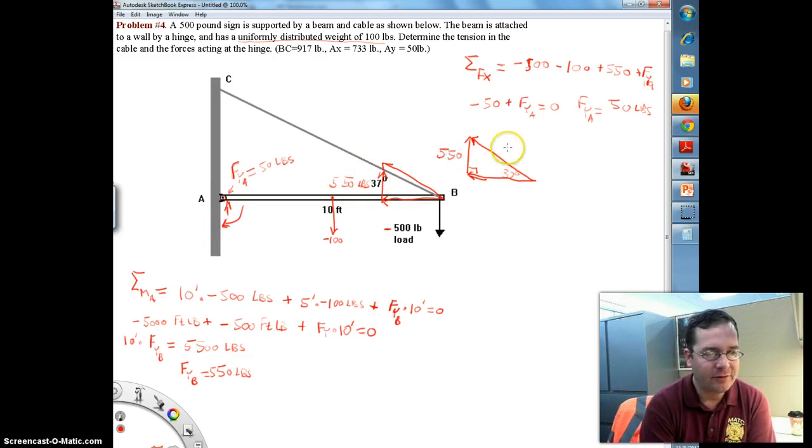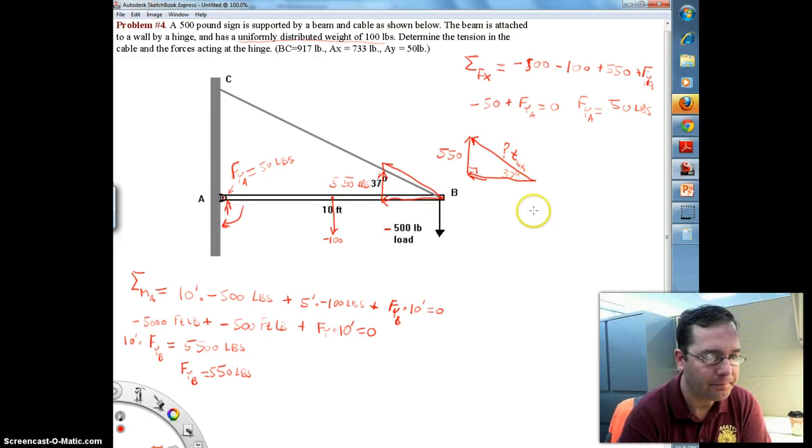So, what do we need to know? Well, we're trying to relate this tension in this hypotenuse to what we already know, which is the angle and the 550 pounds. I'm going to label this tension as T sub WR for tension in the wire rope. Well, now you need a trig function that relates the two things we know and the one thing we're trying to find.